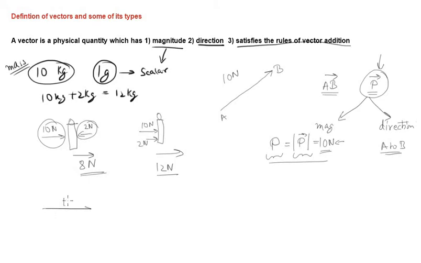Now if there is 10 amperes current going in here, it goes into two parts, 2 amperes here and 8 amperes here. So you see the 10 amperes divides itself into 2 and 8, right? Now if you add 2 and 8, you will get 10 amperes. So 2 amperes and 8 amperes gives you 10 amperes, right?